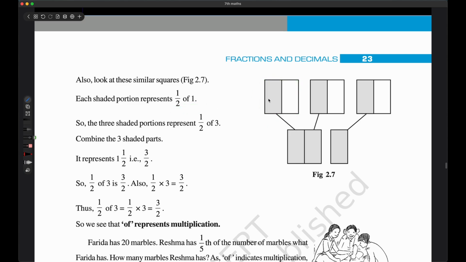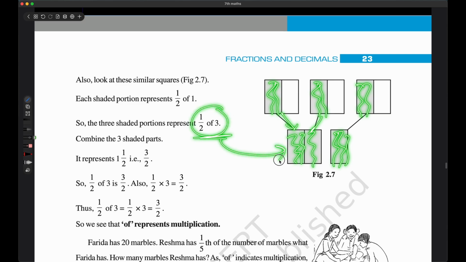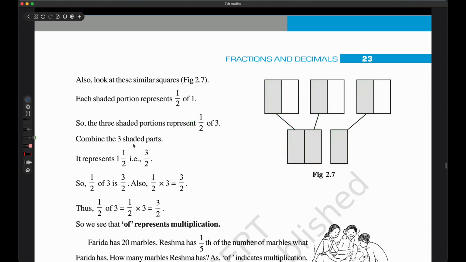Now if we combine all the shaded portions, then it represents half of three shaded portions, that is, half of 3. We can replace of by the multiplication sign.